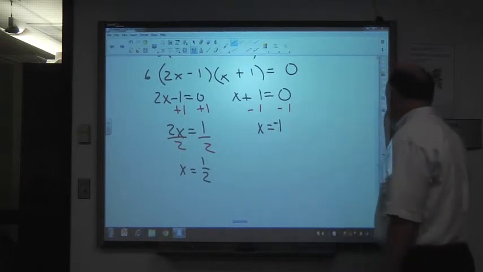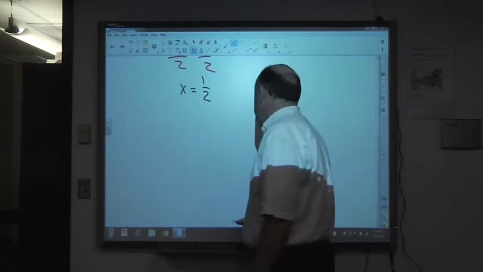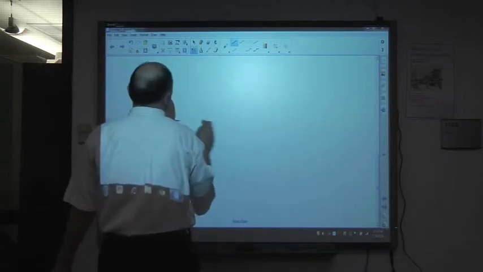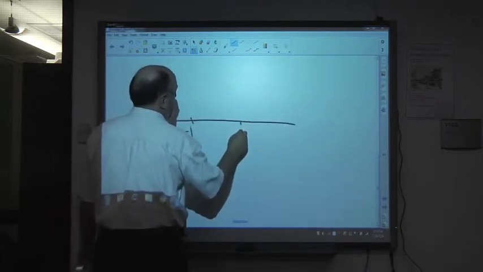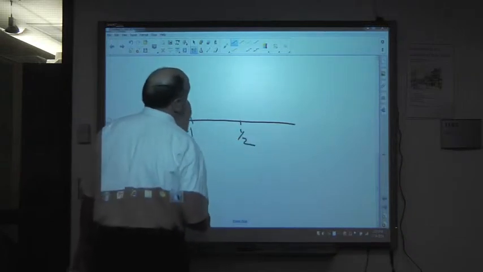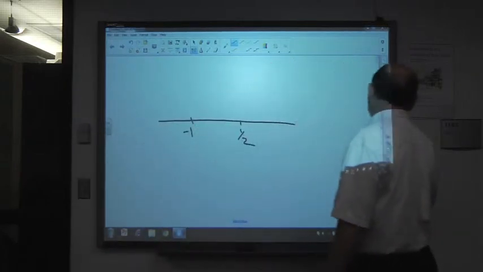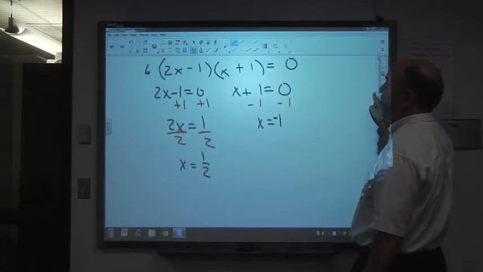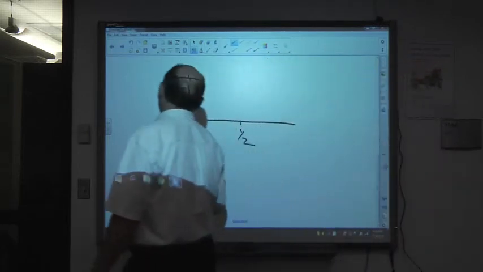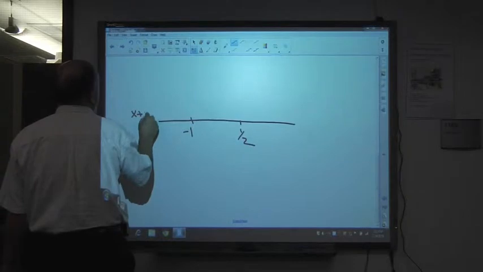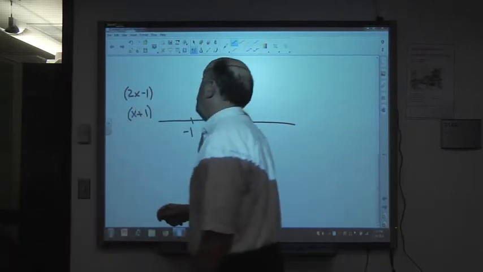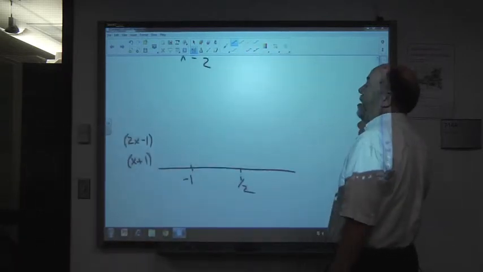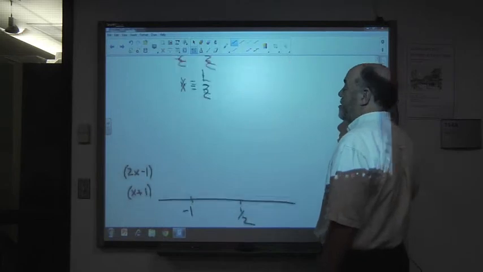Right? So now we'll make our chart. And so we're going to have minus 1, we're going to have 1/2. My factors were x plus 1, 2x minus 1. I did have a constant out front, and that number was 6, so put that in the chart.